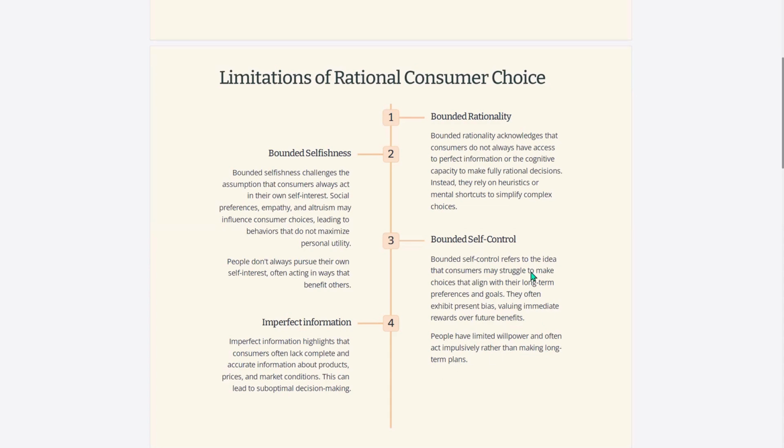So I may not have self-control on myself. I'm bounded by it, and the fourth could be imperfect information. You understand all these four? Yes. A consumer never works with rationality because of these four reasons. Is this clear? I understand.